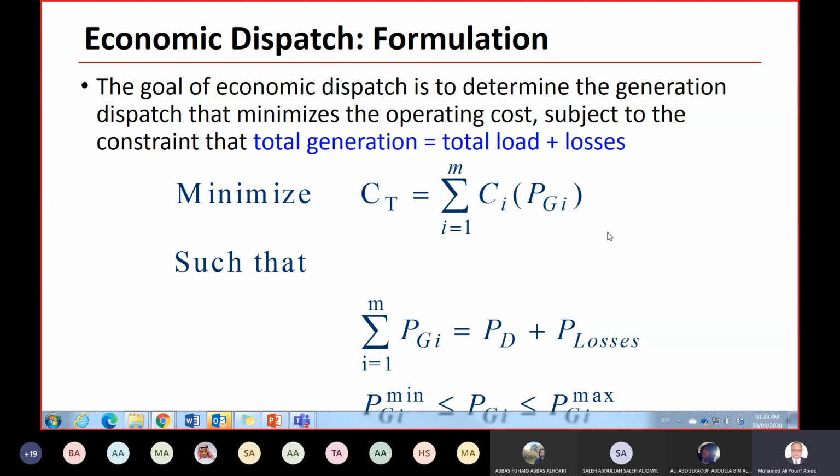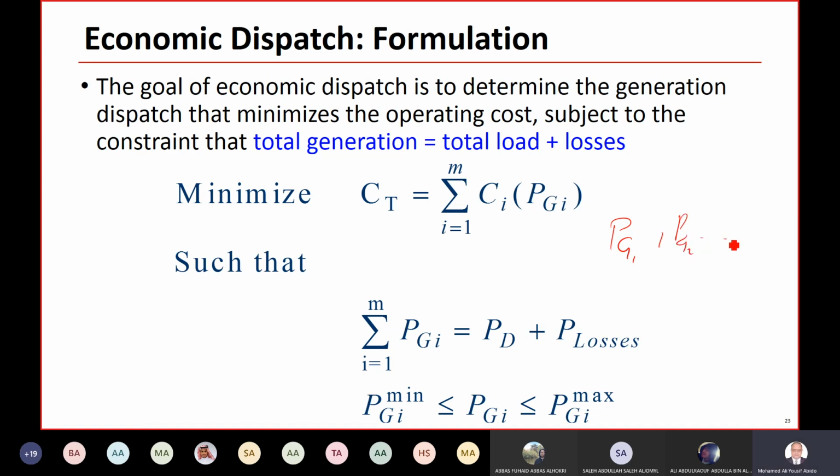So when you solve the dispatch problem, solving it means getting how much PG1, how much PG2, how much PGN. This is the solution. And you have to make sure PG1 lies between PG1 minimum and PG1 maximum. Otherwise, your solution is not a feasible solution. We cannot consider it. Okay.